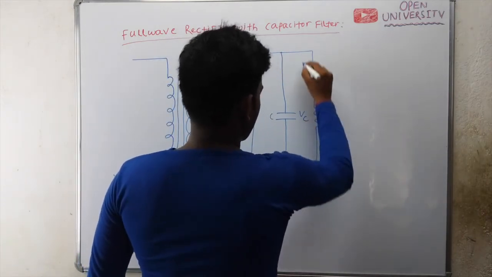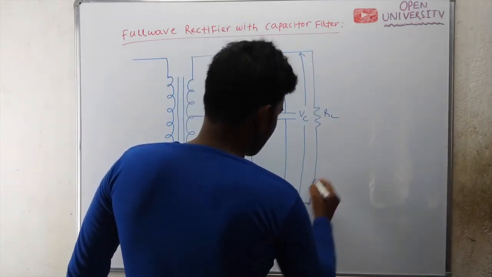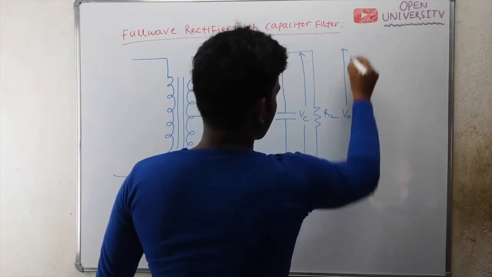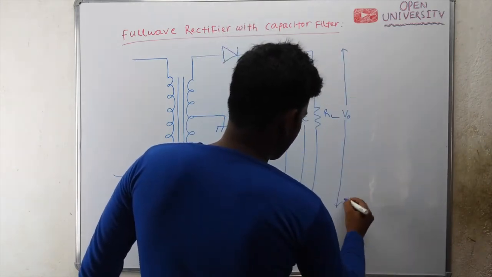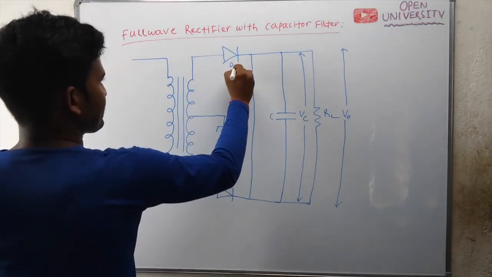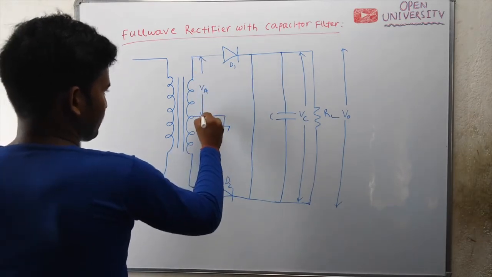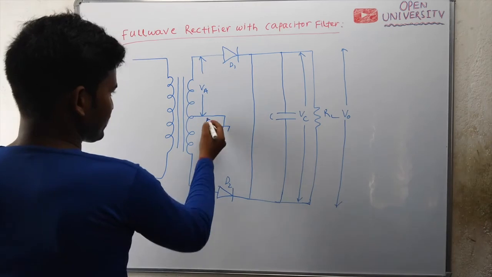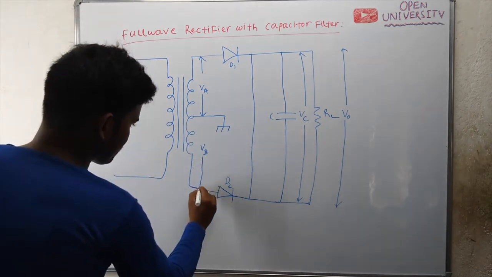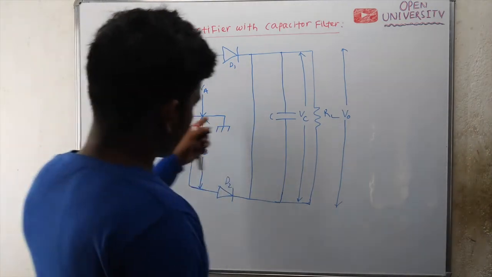This is the voltage across the capacitor VC, and this is your output voltage V0. This is your VA, which is measured with respect to the ground terminal. This is the input voltage VB, which is measured with respect to this ground terminal. The center terminal is grounded.